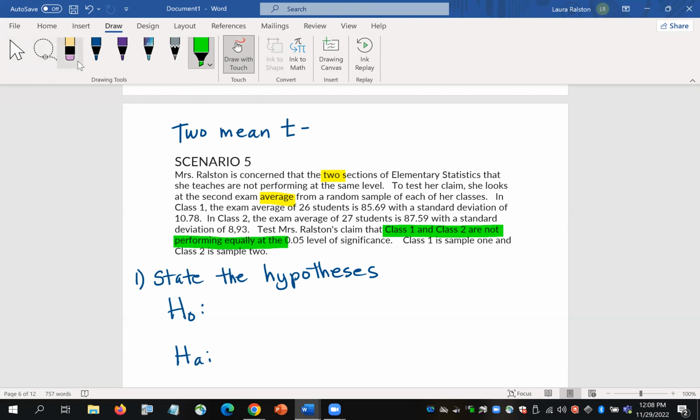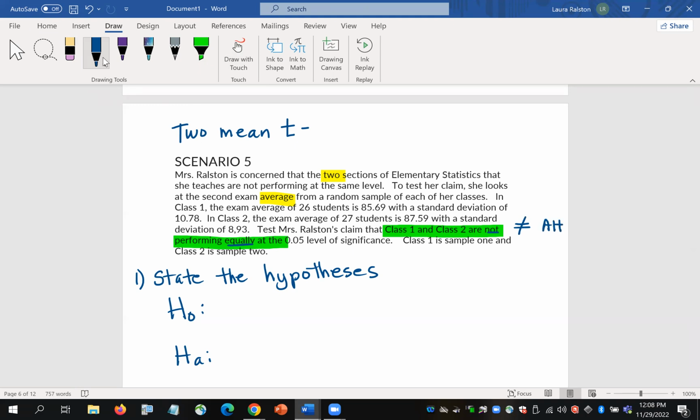The words are spread apart, but it says not equally, which makes me think of the not-equal symbol, which means that statement is the alternative.